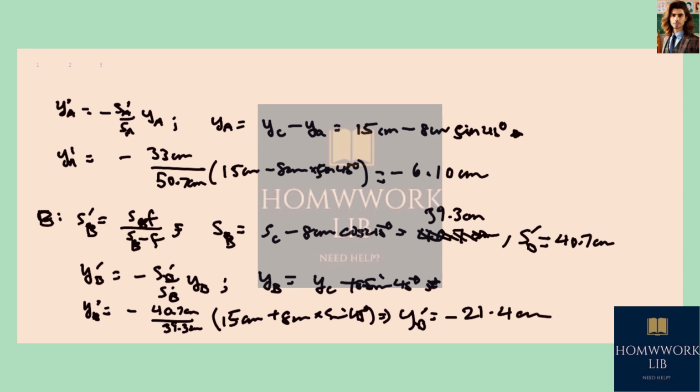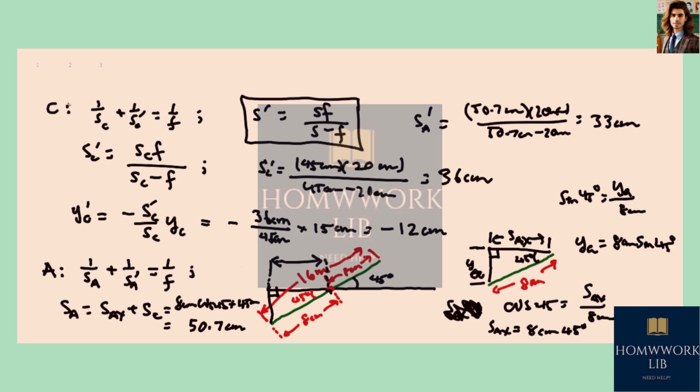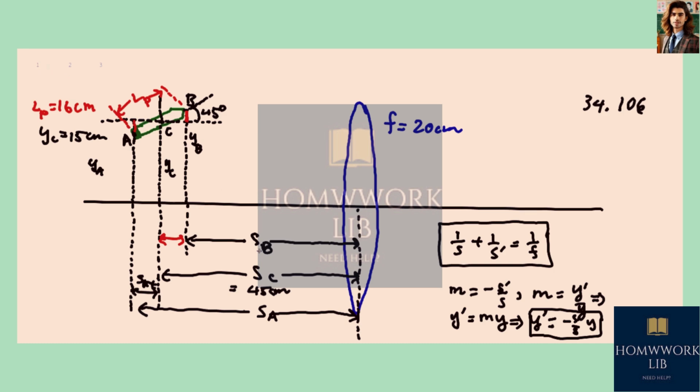Okay, so we have figured out basically where points A, B, and C are located, both in the X and Y direction. The X direction is taken into account by the image, by SA prime, SC prime, and SB prime, right? So that's for the X direction. In the Y direction, we have YA prime, YB prime, and YC prime, right?